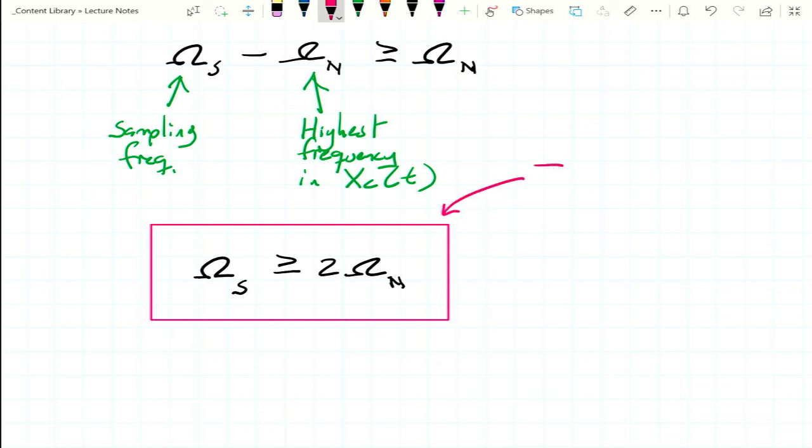This is called the Nyquist Shannon theorem. It says that your sampling frequency must be greater than or equal to twice the highest frequency present in your original signal. Otherwise, you're going to get some aliasing. Bad stuff is going to happen. Your signal will become distorted.